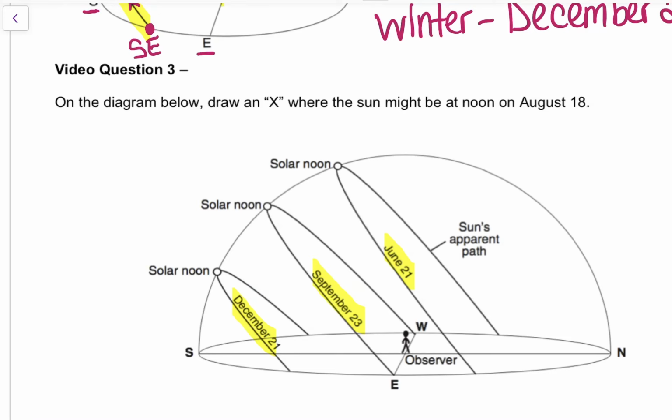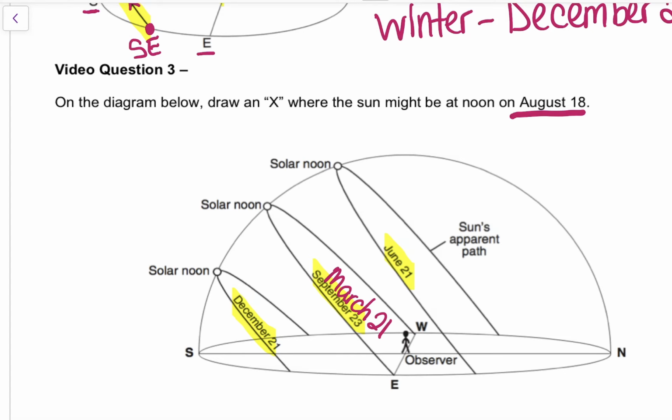We also know that although this diagram says September, this date could also be March 21st, because the fall and spring equinox have the same path for the sun. So if they already give us the 4 dates that we normally talk about, what is this question asking? It says, on the diagram below, draw an X where the sun might be at noon on August 18th.